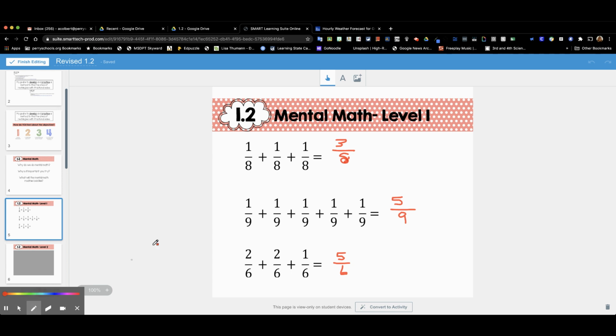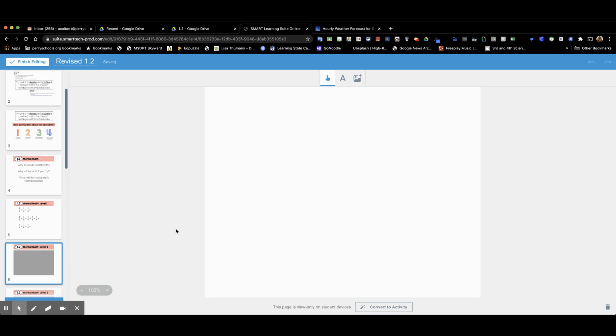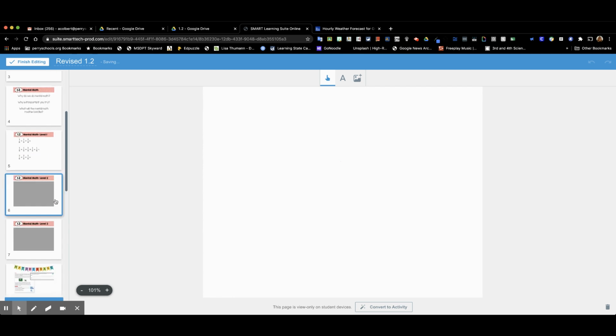All right, let's clear that ink. So you see your mental math will connect to your strategies or your focus area.